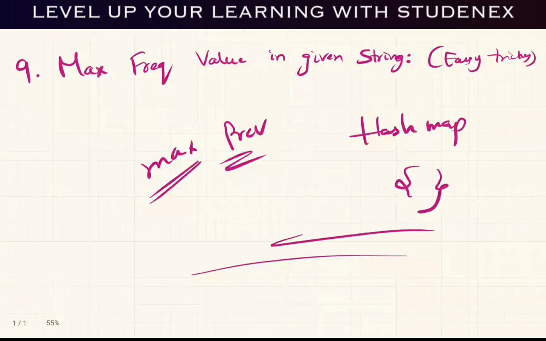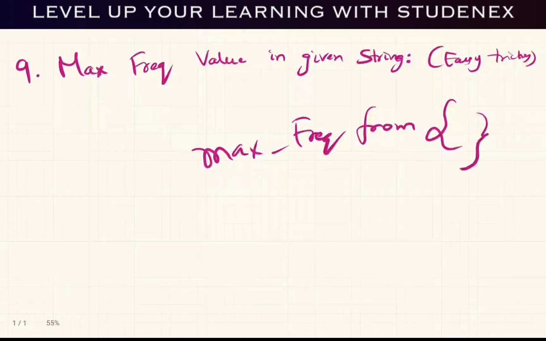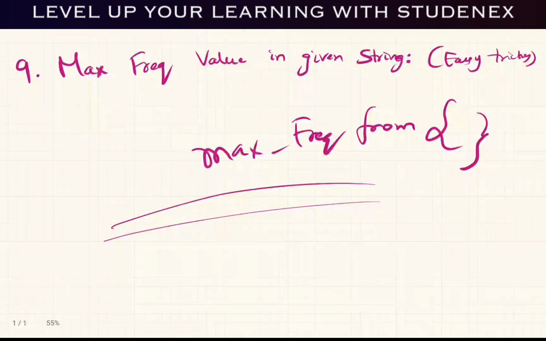So this would be very easy now. I'll just find the maximum frequency from a hash map, and I'll just return the character which has maximum frequency.